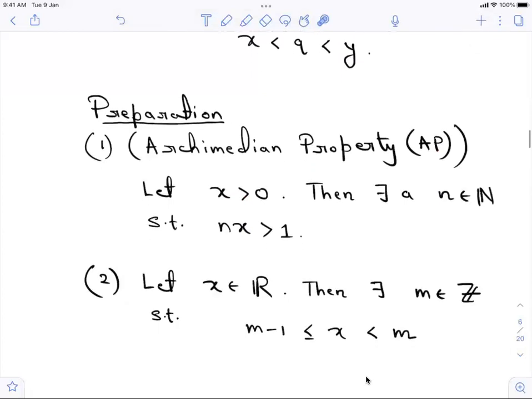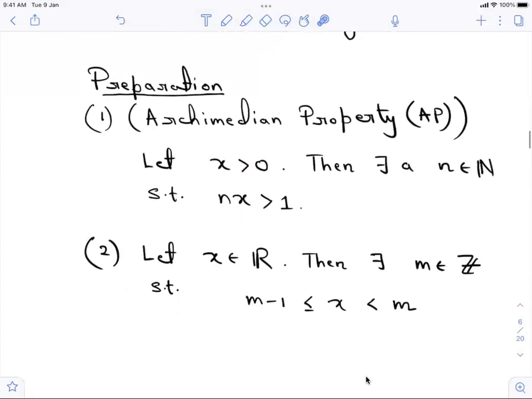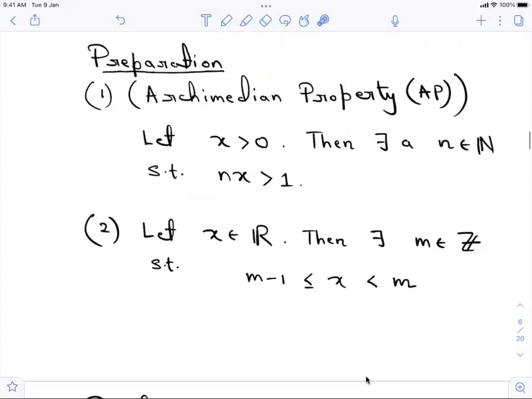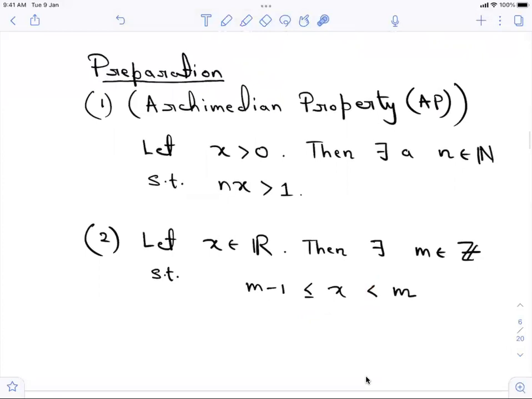And the second result is even easier. It says that given any real number x, you can always find an integer m such that x is bigger than or equal to m minus 1 and less than m. Okay. So these are the two observations. They are so easy, we can call them observations.